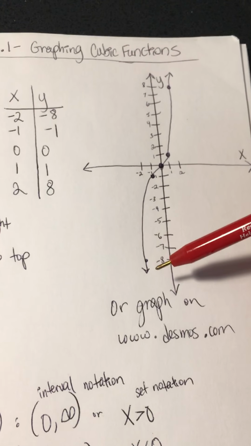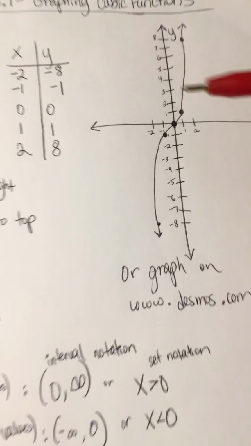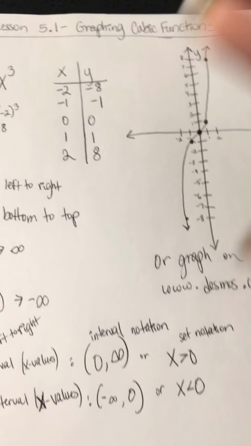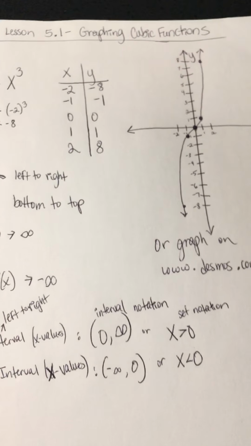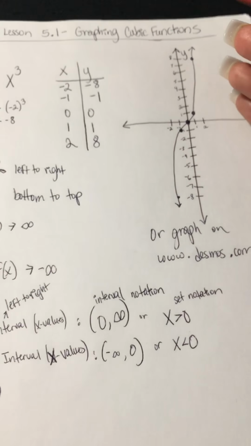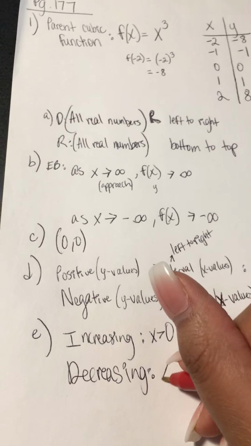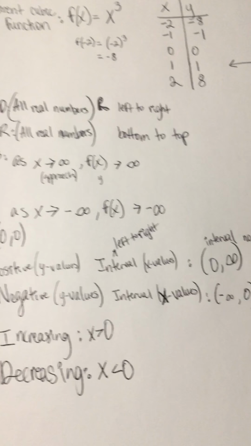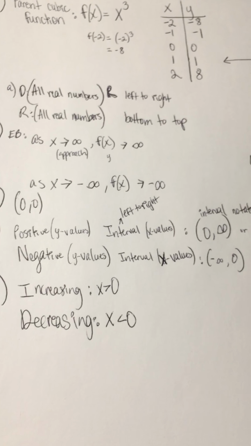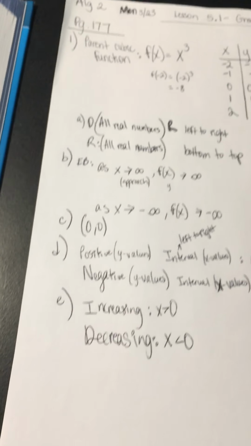These y values are decreasing. However, we have to write our answer in interval notation where it's from left to right, lowest to highest. So the decrease begins below 0, from negative infinity to 0. Decreasing for every x value less than 0.